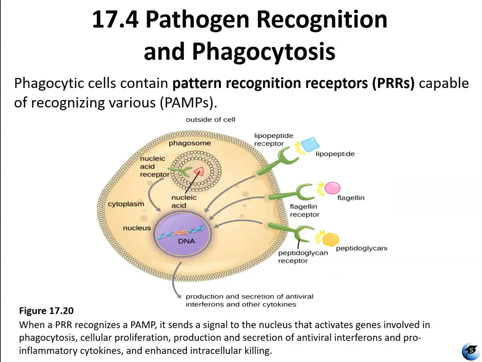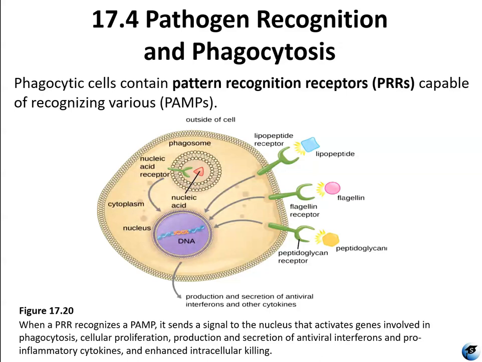Phagocytic cells contain pattern recognition receptors, PRRs. PRRs recognize various PAMPs. Remember, PAMPs are pathogen-associated molecular patterns. So what this is saying is that the cells that conduct phagocytosis have these receptors that recognize the patterns that are found on pathogens.